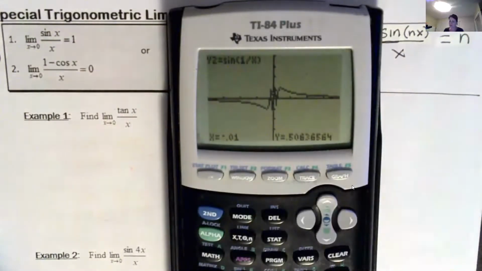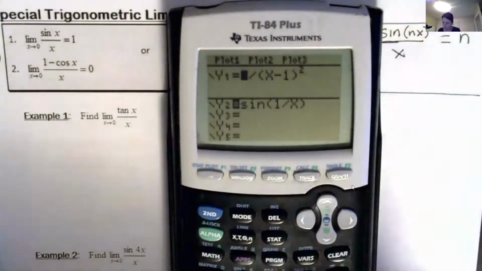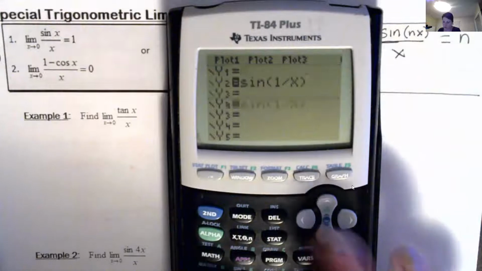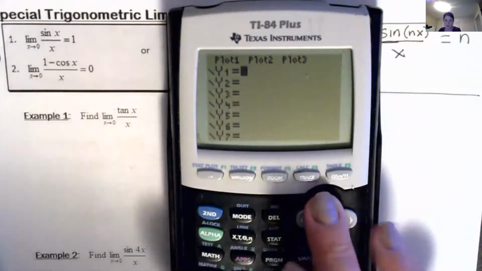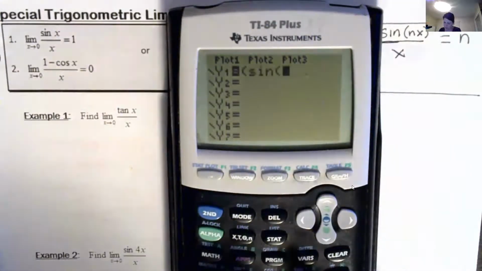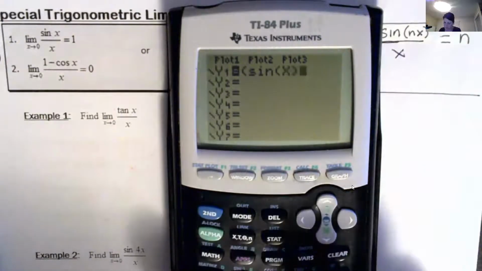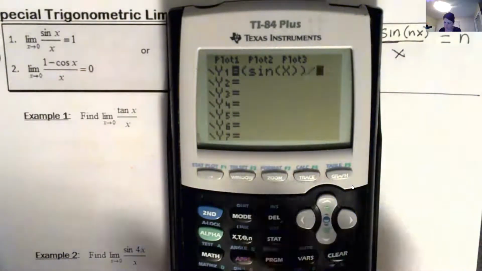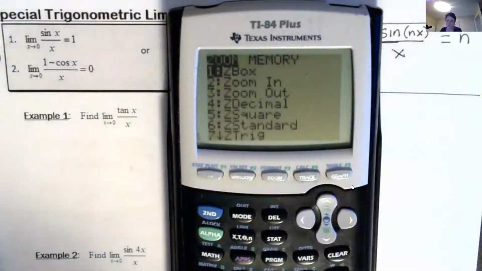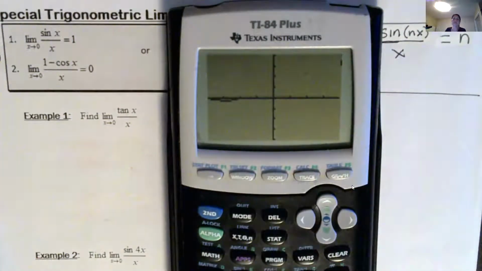So if I go to sine x divided by x, and I do zoom 7, okay.